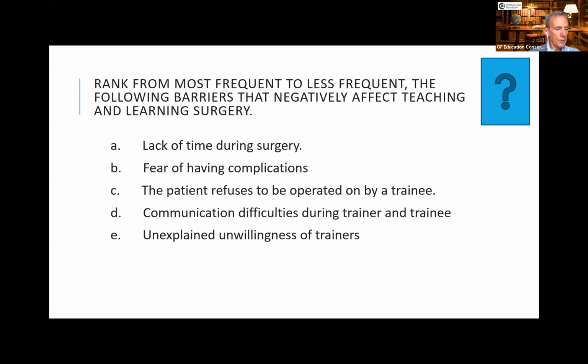So if you look at the one that was most selected, you will see all the answers there. At the bottom, you get numbers 1, 2, 3, 4. Those are the colors. What this means is that, for example, fear of having complication was selected as number 1 from most of you.